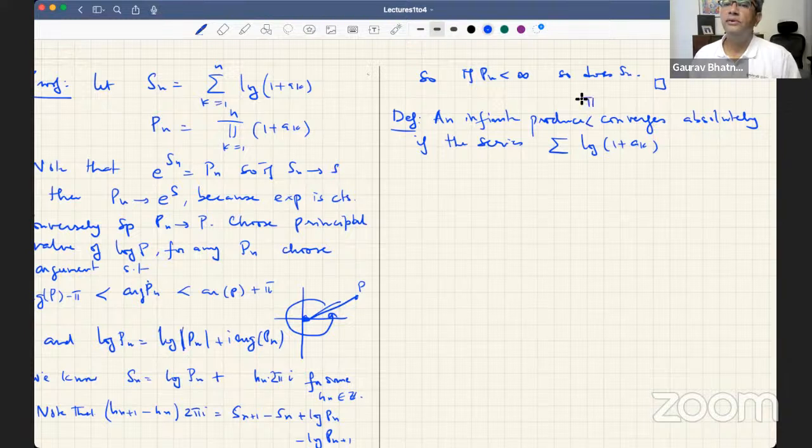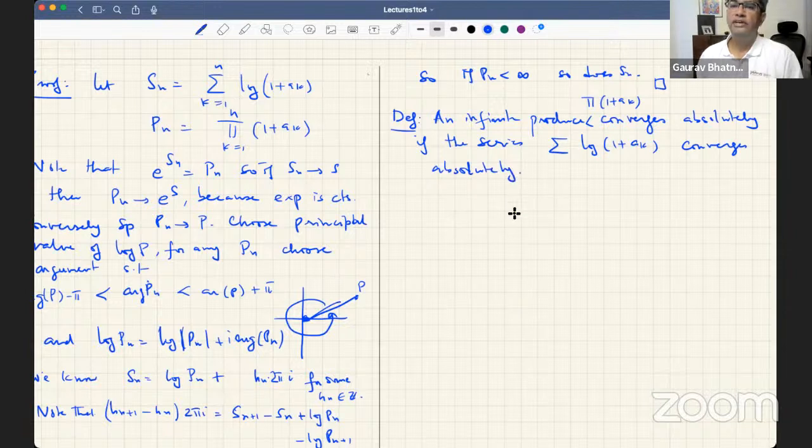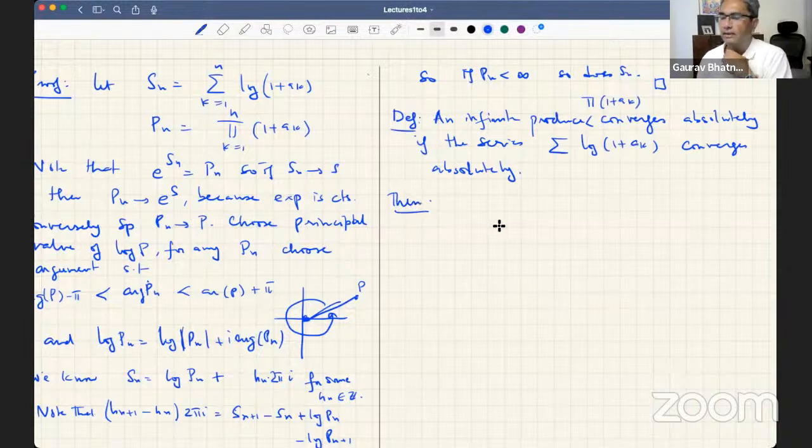So this is your usual 1 plus a_k. So we define absolute convergence in terms of this, and now we have a theorem. We need absolute convergence just like we need it in the series case. A lot of things happen very nicely, especially when we are talking about uniform convergence.